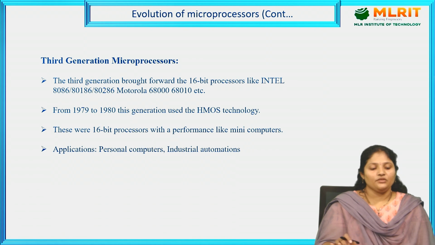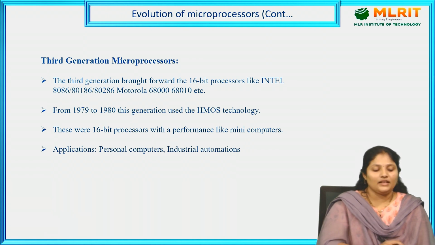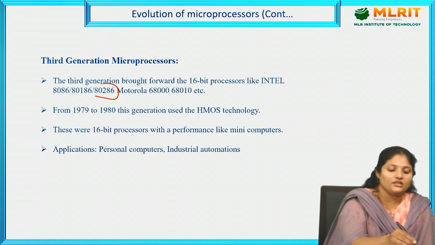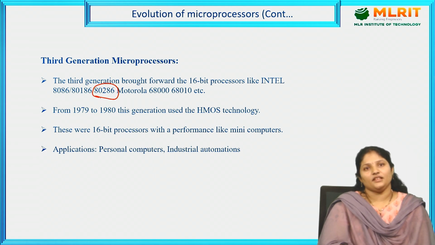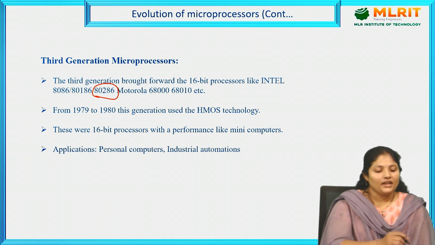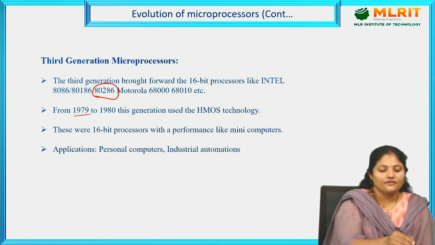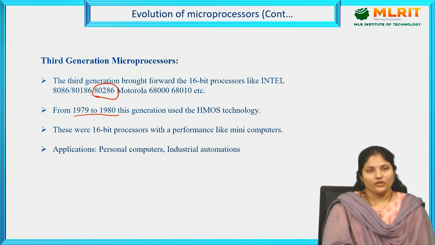So next, coming to the third generation microprocessors. Another benchmark of Intel in this generation is the 286. From this generation there was a huge change in video gaming, taking videos, pictures and all these things. This generation started from 1979 and ended in the 1980s.